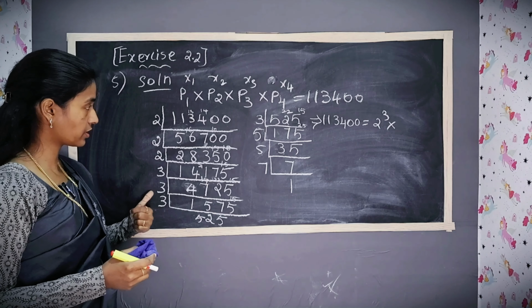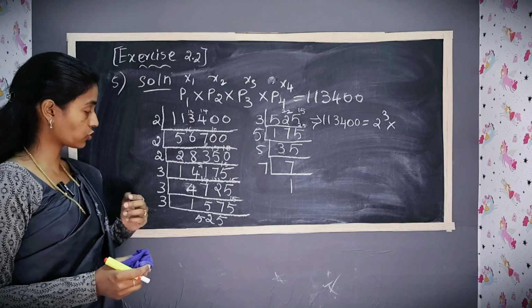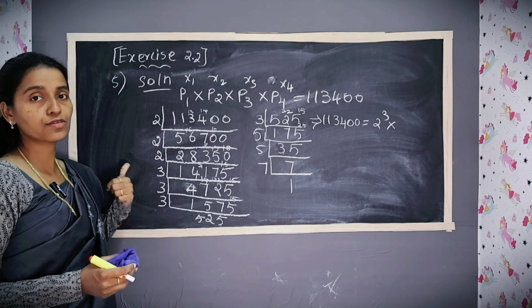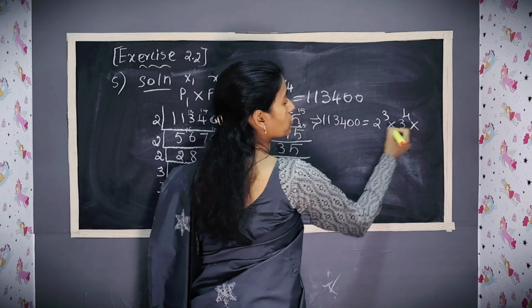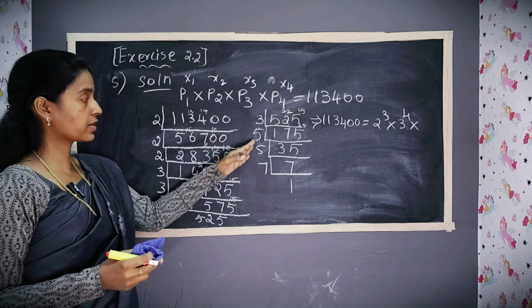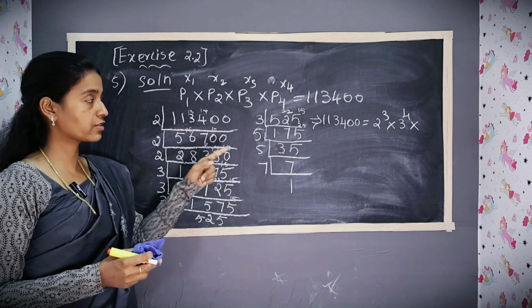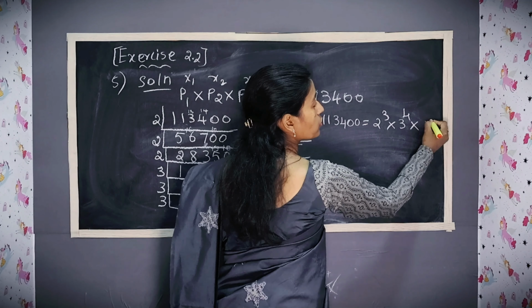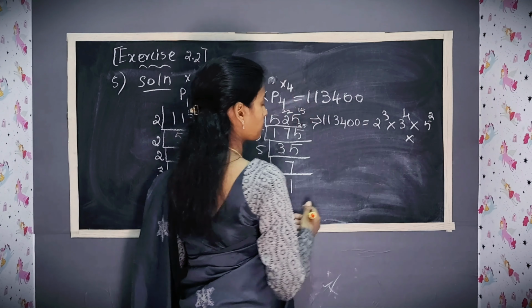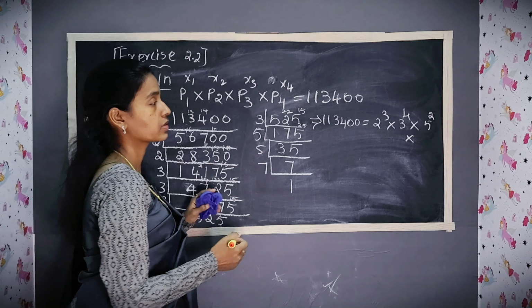How many times is number 3 appearing? 1, 2, 3, 4. 4 times 3 is appearing. So we can write 3 power 4 into, and the next number is 5, right? How many times is 5 appearing? 2 times. So we can write 5 power 2. Then finally we are having 7 only one time.